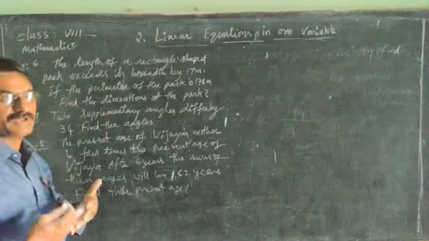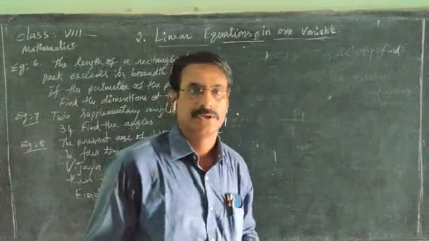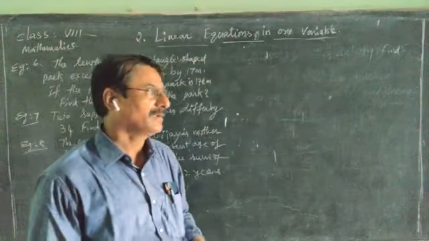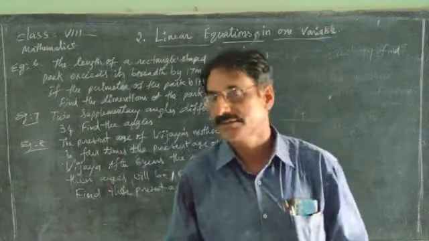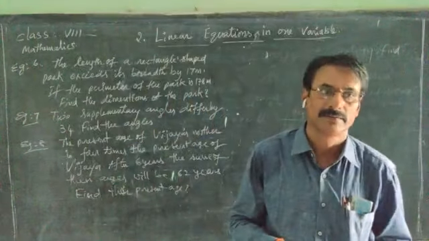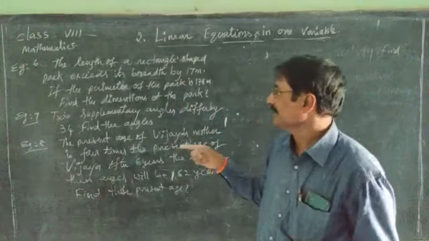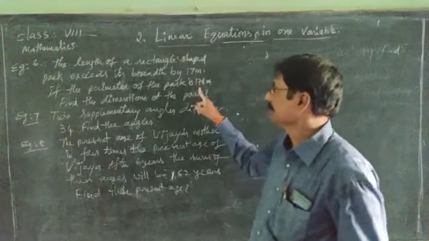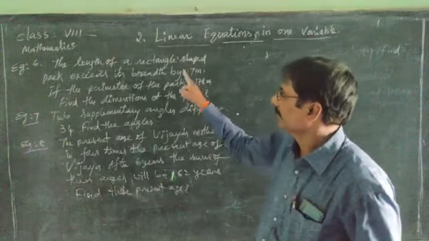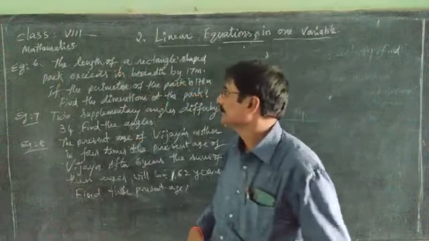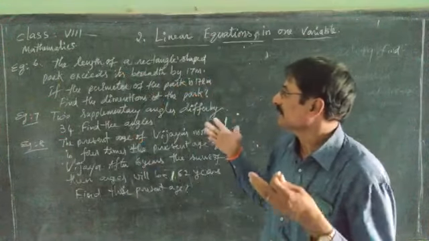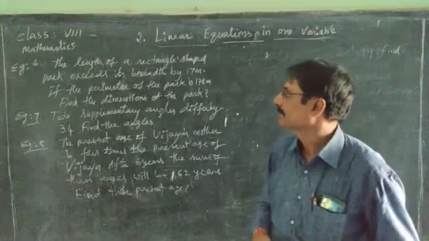Given the relation between length and breadth. If we know the length and breadth directly, we can find the perimeter. But here the perimeter 178 is given, and the length and breadth are not given directly. It's a given relation between them.